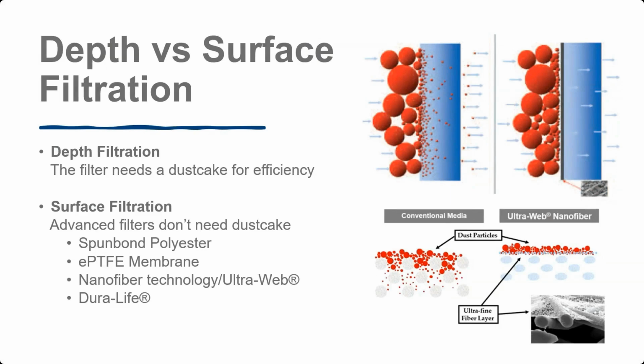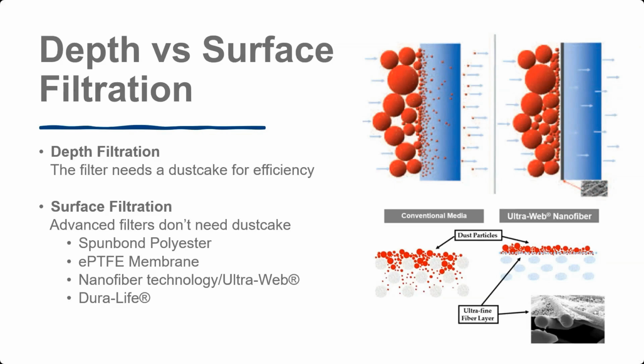The filters themselves aren't really good filters. So you have to have an established dust cake on the filter in order for that filter to be truly efficient. Which leads into cleaning, and it's a pretty hard thing to measure.